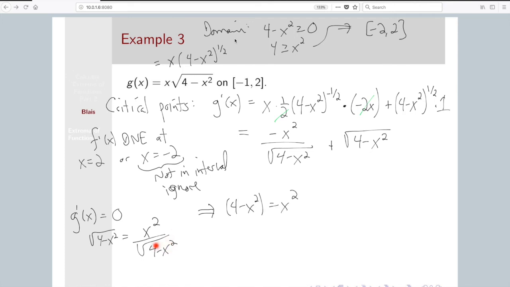Right, multiplying by root 4 minus x squared on the right cancels this term in the denominator. Multiplying by root 4 minus x squared on the left results in 4 minus x squared. Add x squared to both sides. 4 equals 2x squared. X squared equals 2, which gives us x equals root 2, and x equals minus root 2.